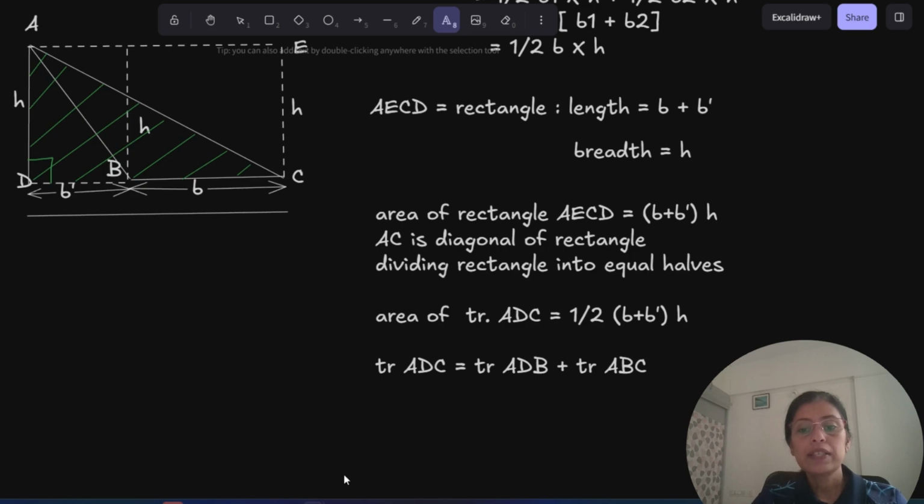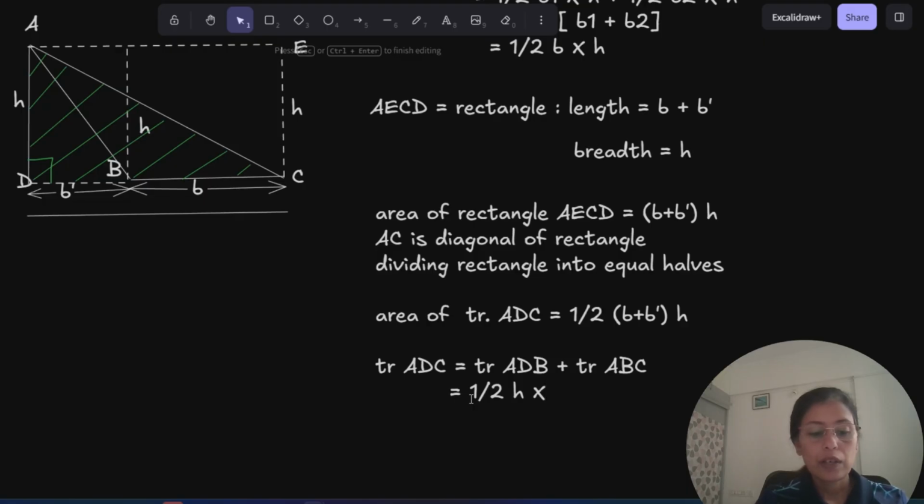So now in this case, what we'll see is triangle ADB area will be, I'll say, half of AD, which is H, into what is DB?